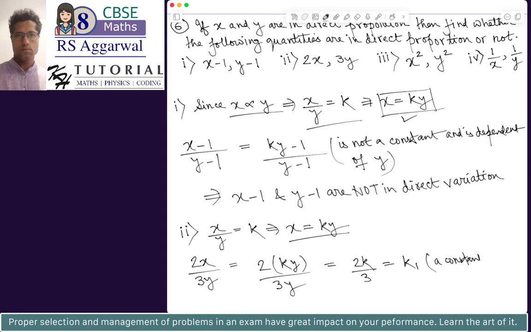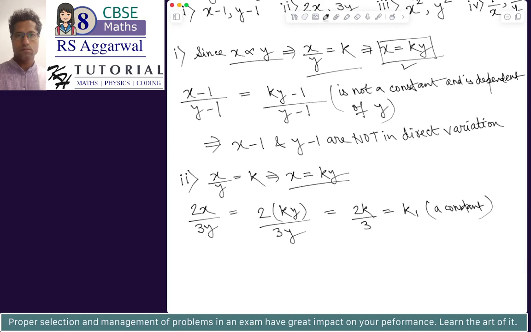Now why is 2k by 3 a constant? Because k is a constant. If you multiply a constant k with another constant, then the result is also a constant. So if you multiply k with 2 by 3, 2k by 3 will also be a constant, but it will be a different constant, and that different constant we are considering as k1. So k1 is also a constant.